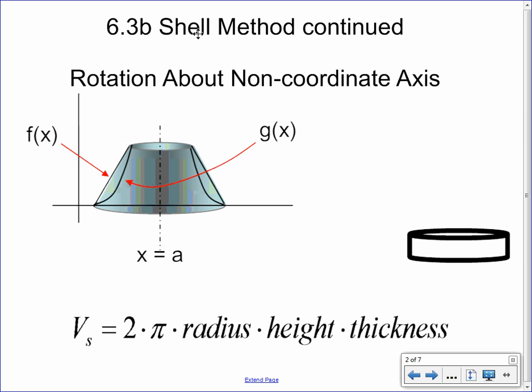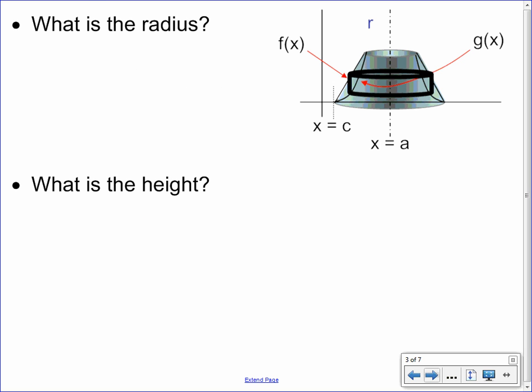Probably already have this picture. Okay, so here's this picture again. There's my little shell inside. Okay, let's talk about the radius. When we had something like this, our radius was y, because the distance from our rectangle to where we were rotating the axis is just y away.